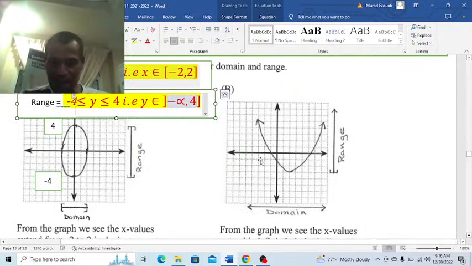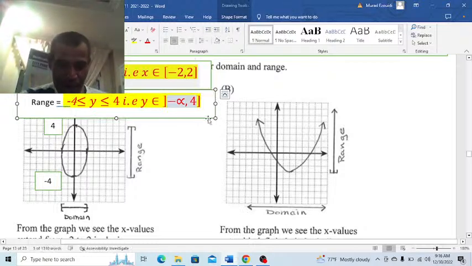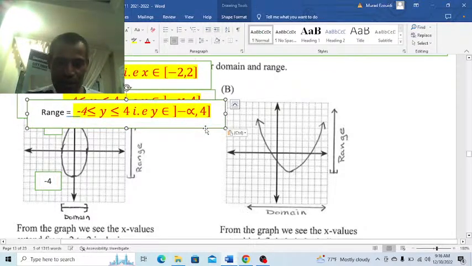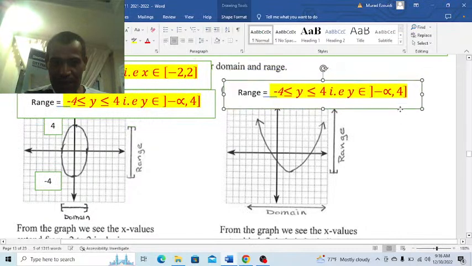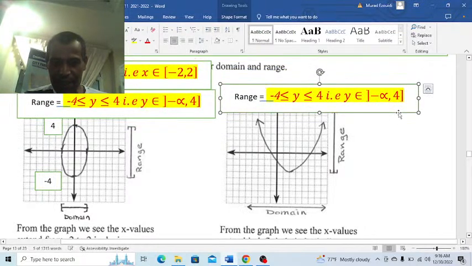For this one, the range is between minus 1, minus 2, minus 3. So I will write the range here. I will copy and then paste. So the range, learners, for the second graph is y is more than negative 3.